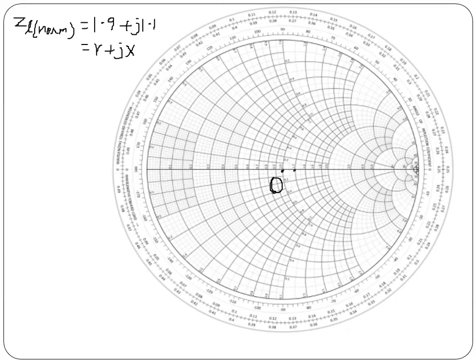This is 1.2, 1.4, 1.6, 1.8 and it's 2. Therefore, my R equal to 1.9 circle is between 1.8 and 2. And plus j, that's why I have to move along this circle upward.